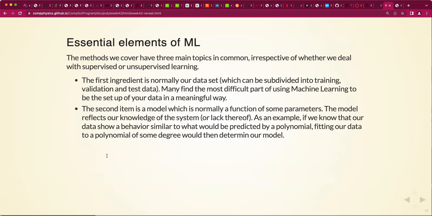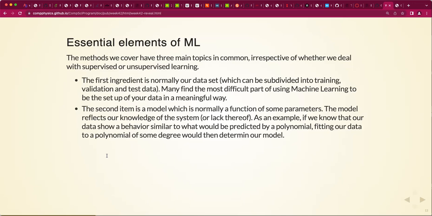And when you have this, what you need to do then is to optimize this function, which depends on the parameters you've chosen. And when you optimize this function, that is when you find the optimal parameters for your model, which describes the data in the best possible way.